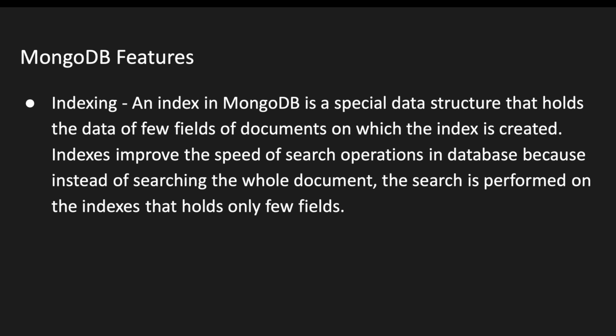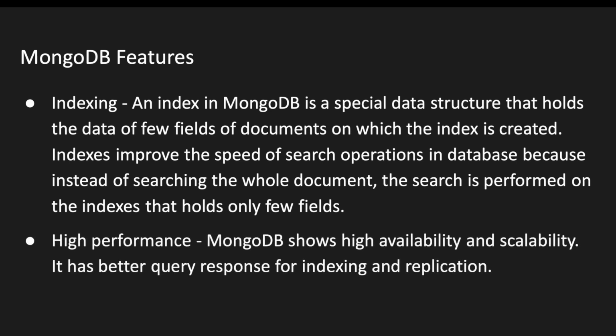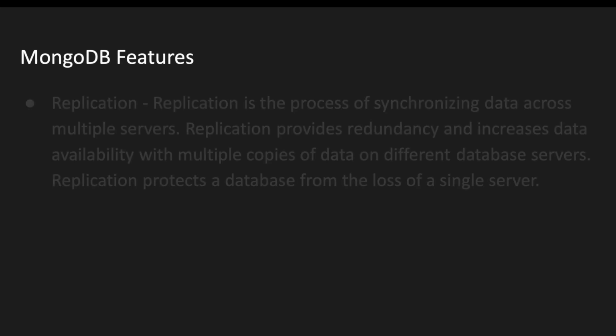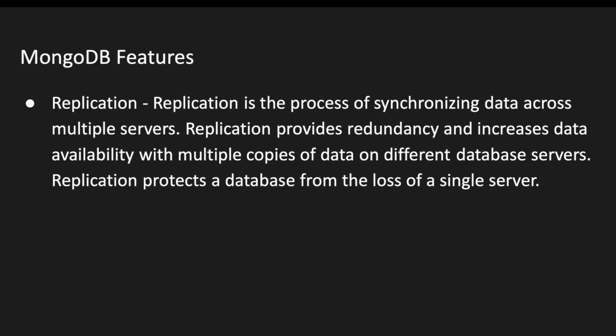Next is high performance. MongoDB shows high availability and scalability. It has better query response because of indexing and replication. Next feature is replication. Replication is the process of synchronizing data across multiple servers. Replication provides redundancy and increases data availability with multiple copies of data on different database servers.